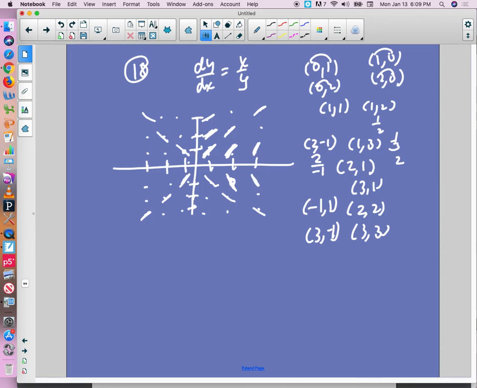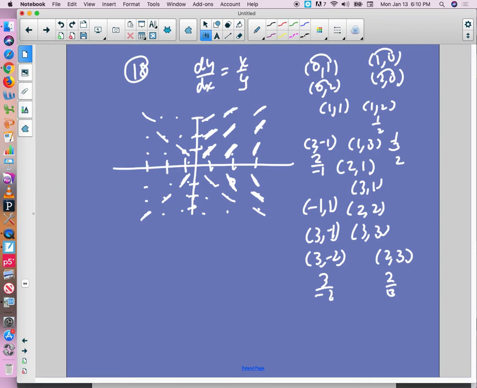And then at 3, negative 2, x over y, you get negative 1.5. And at 3, 2, you get, this one was 1, you get 1.5. At 2, 3, you get 2/3, so not quite 1.